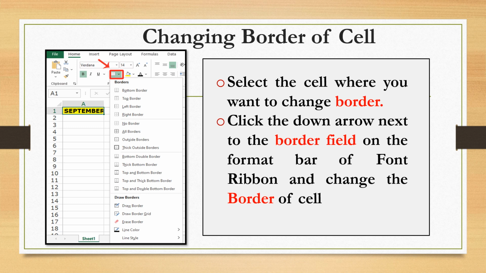You can change the border of the cell by selecting the arrow next to the border field on the format bar of the font ribbon. You can change the width of the border. You can change the color of the border of a selected cell.